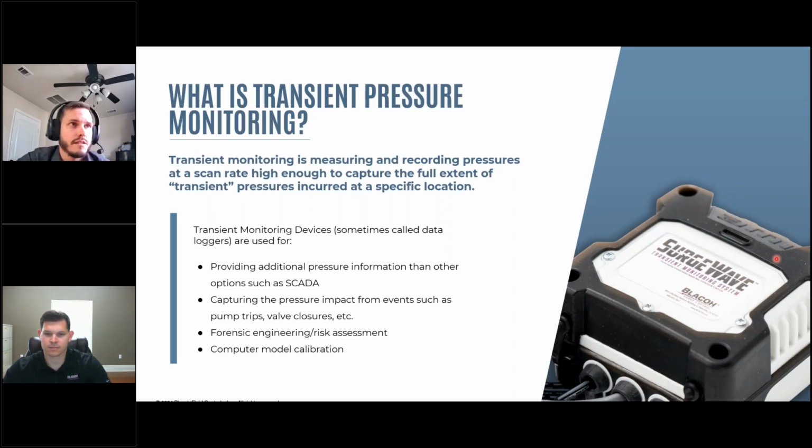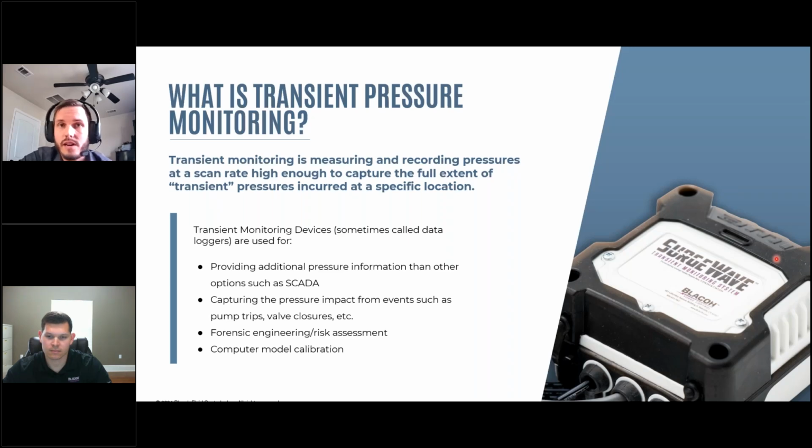Transient monitoring devices, sometimes called data loggers, are used for providing additional pressure information than other options such as pressure transmitters, pressure transducers that are hooked up to SCADA typically, capturing the pressure impact from events such as pump trips, valve closures, etc. We can tell how high or low the pressure was, what effect these actions had on nearby piping and piping miles away.